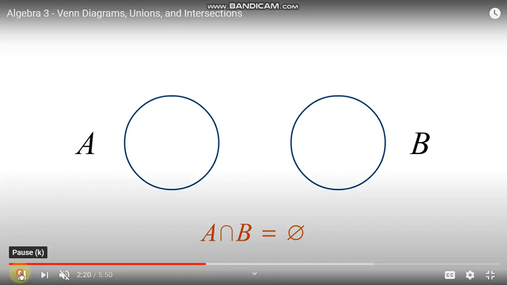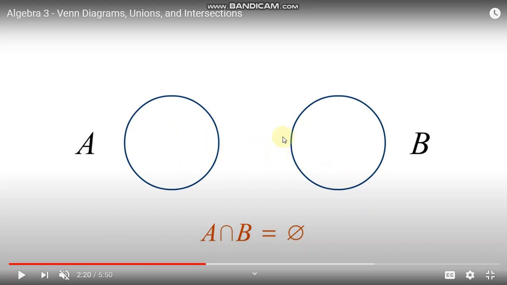Remember, in case A and B are two disjoint sets, the word disjoint is meant for different sets. A and B disjoint means there is no common element between A and B. A has some elements which are not in B. Therefore, A and B are completely different, completely disjoint.